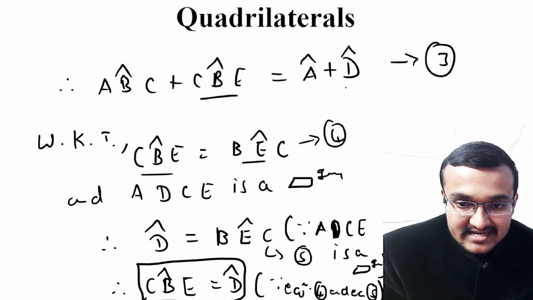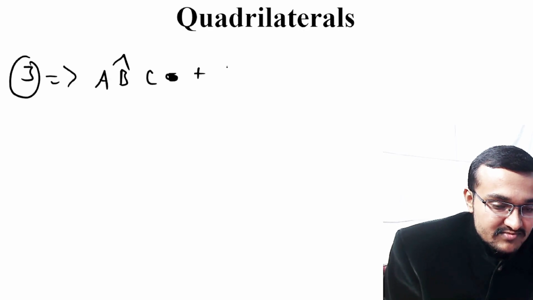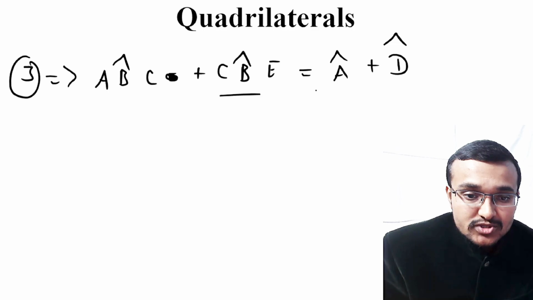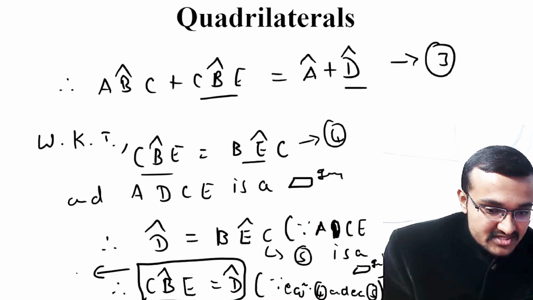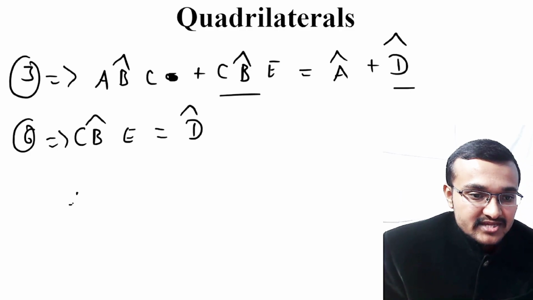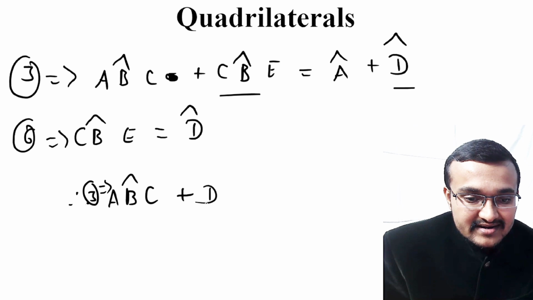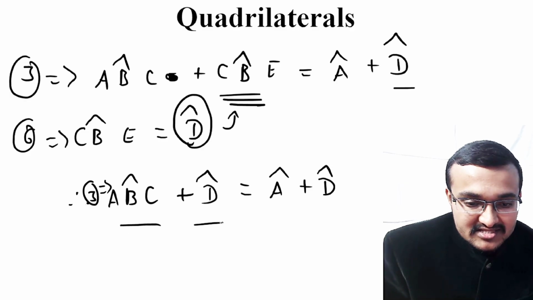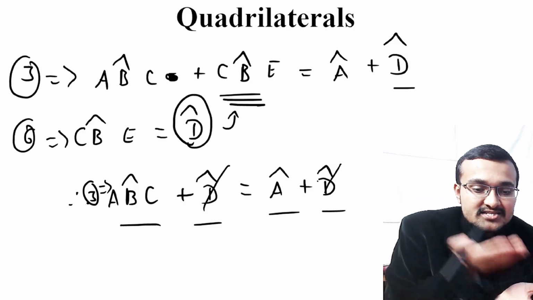So now CBE is equal to angle D. We'll call this equation 6. Now we rewrite the third equation, ABC plus CBE is equal to angle A plus angle D. According to equation 6, in place of CBE I am writing angle D. So ABC plus D is equal to A plus D. This D and D you can cancel each other, because if you bring D to the LHS, it becomes minus D, so plus D minus D gets cancelled.